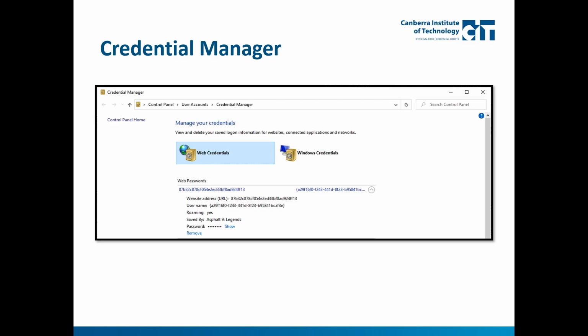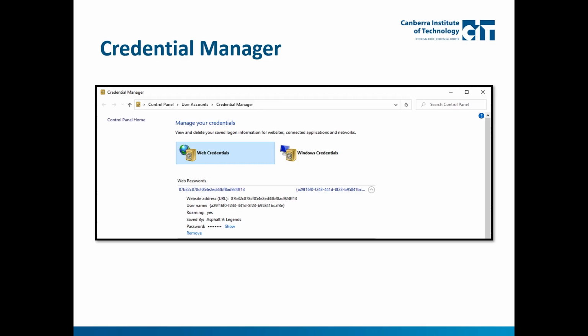We can see all the web credentials and the Windows credentials saved in our system as well. This is very useful, guys, if you want to check every single credential that you have saved in your system. You can verify which website address requested that specific credential and so on and so forth.